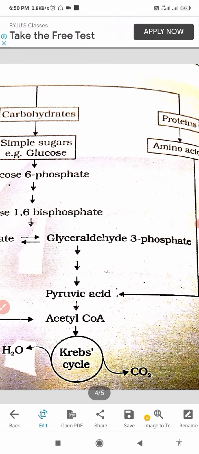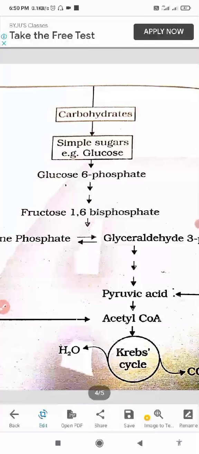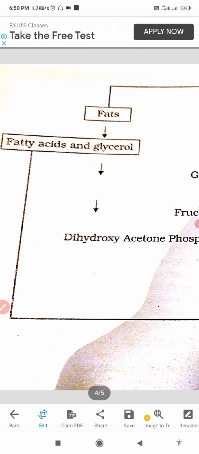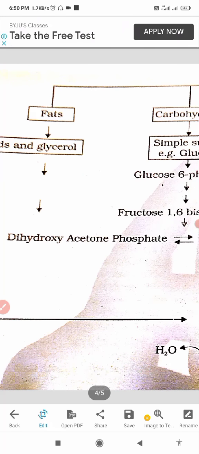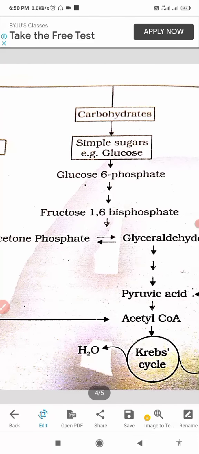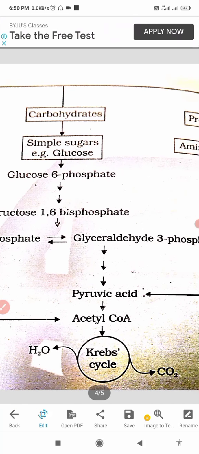So on the one side, pyruvic acid is 1, amino acid is 2, and these simpler molecules from the glycerol, from the fat, are added to this cycle, and this Krebs cycle will be more complicated, which results in the formation of ATP bonds by the action of acetyl CoA.